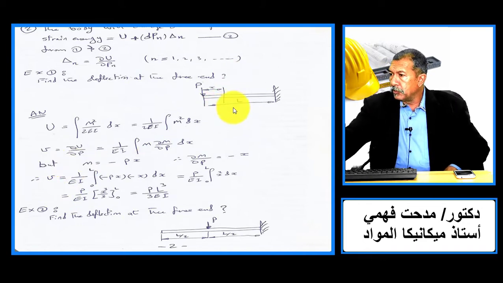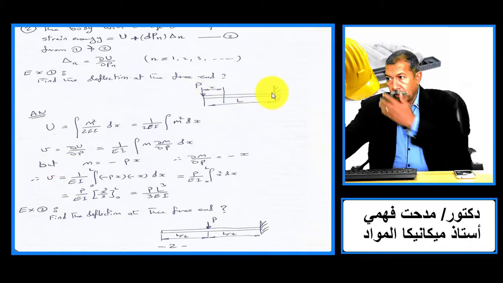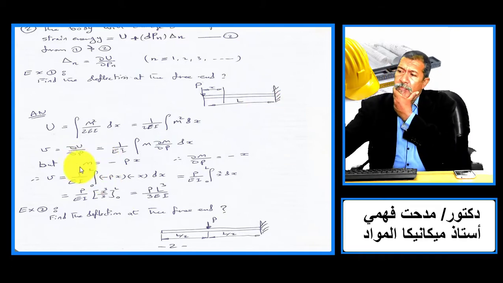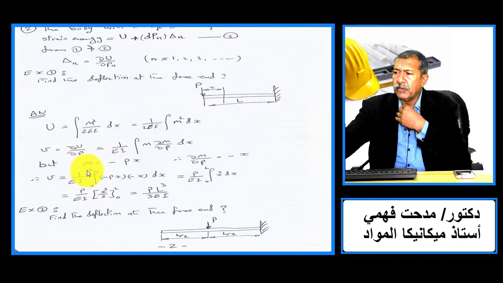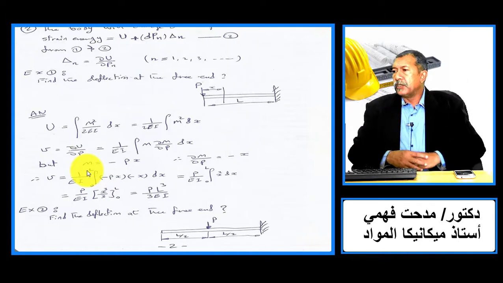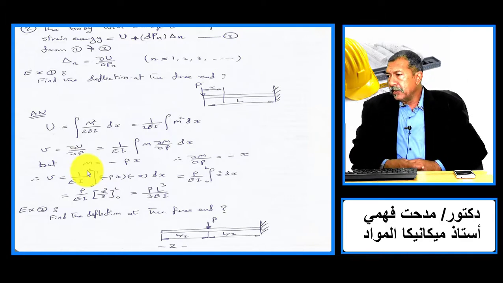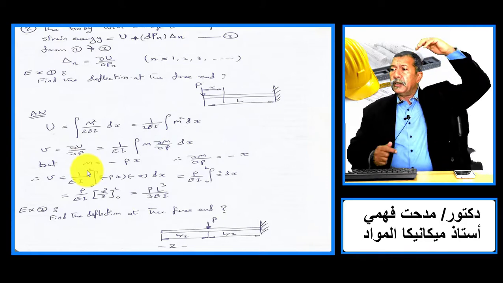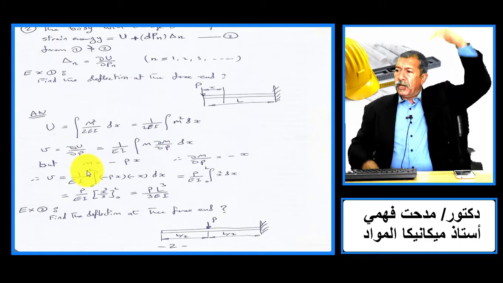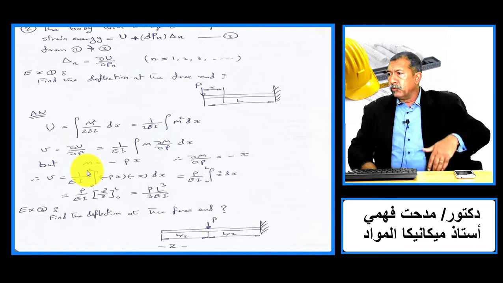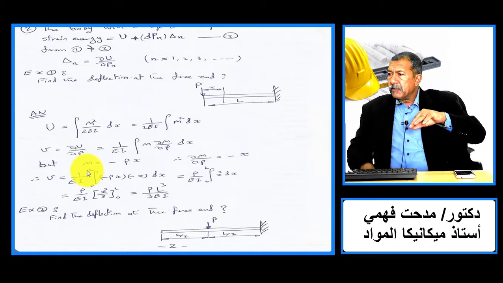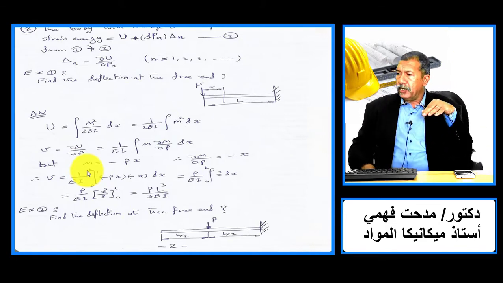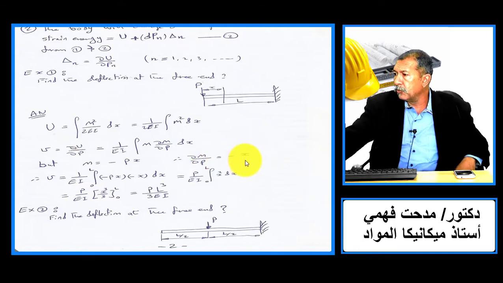If we relate this to the drawing, we can get M. M is the bending moment, so it is equal to minus B multiplied by x, and a minus because it is applied from up to down. If we take partial M by partial B for this moment, we get minus x.